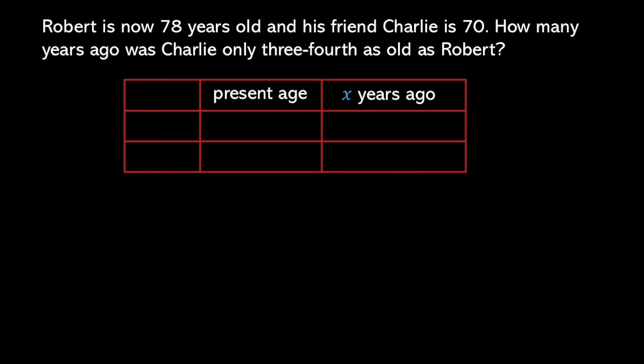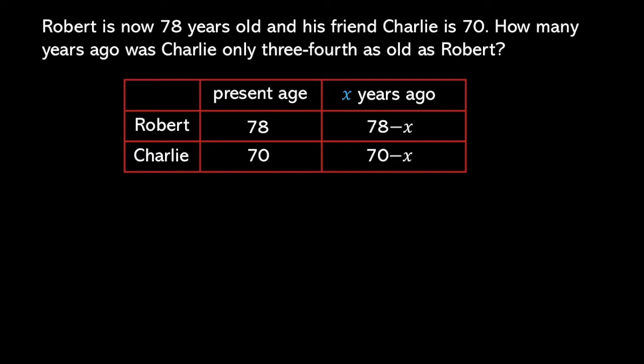And in the second column, their age x years ago. At present, Robert is 78 years old. This means that x years ago, he was 78 minus x years old. At present, Charlie is 70 years old. This means that x years ago, he was 70 minus x years old.